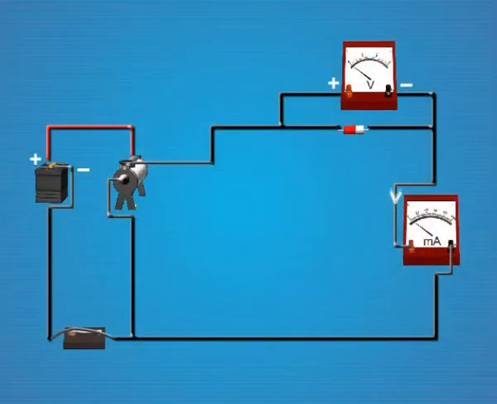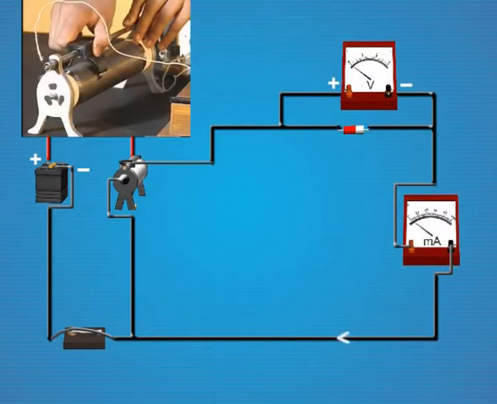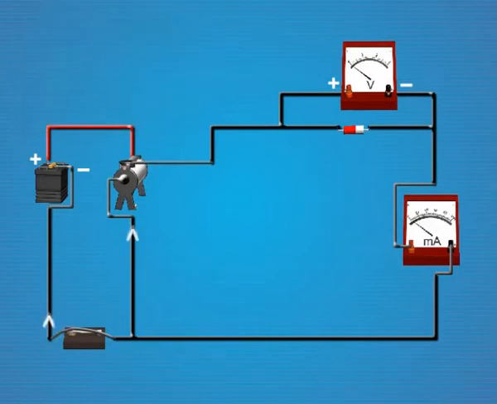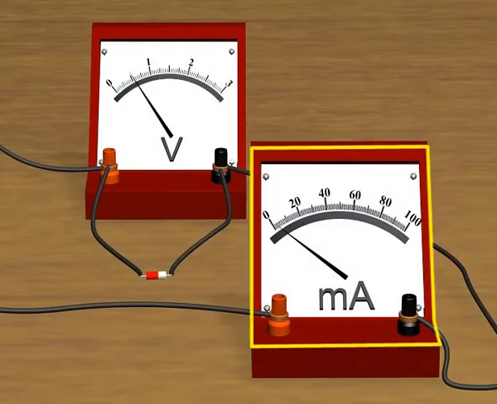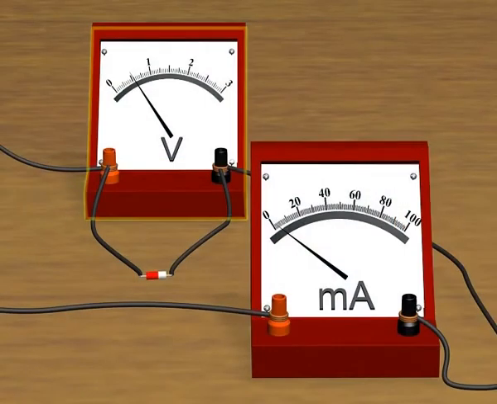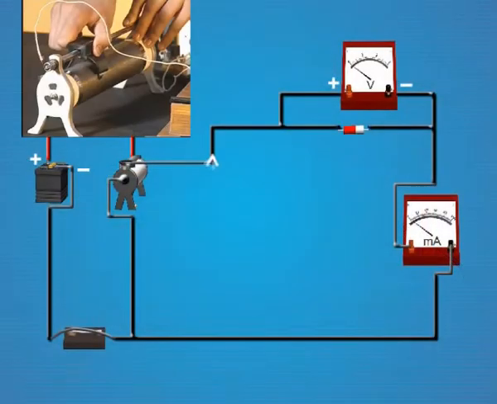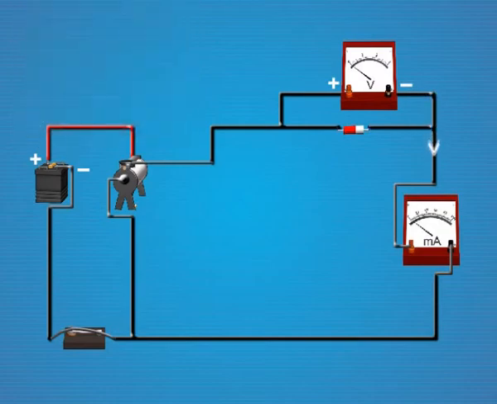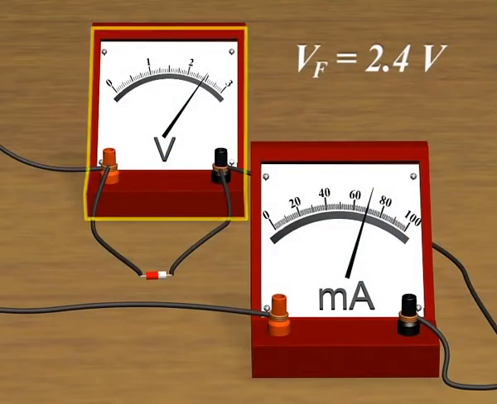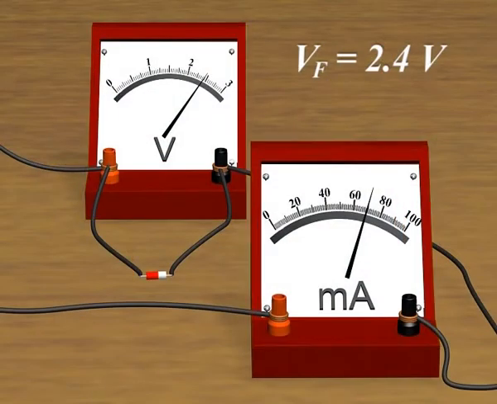Then increase Vf in steps of 0.2 volt and note the corresponding current and voltmeter readings. At Vf equal to 2.4 volts, the current increases suddenly.